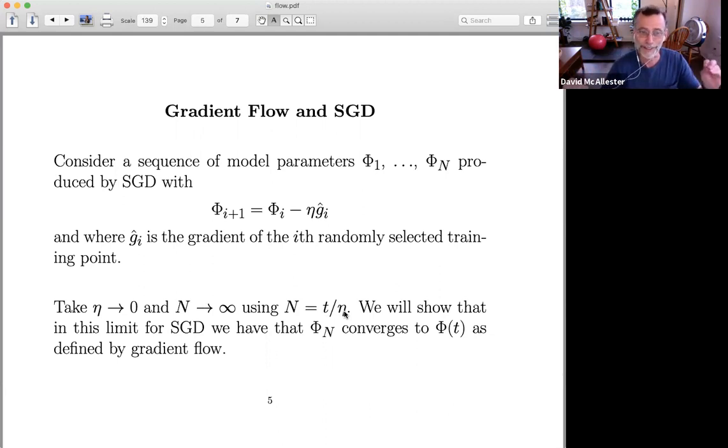What we want to convince ourselves of is that this limit really does correspond to the differential equation. In that limit, the parameter value that we end at, which is the parameter value at time t, is the result of integrating that differential equation to time t.